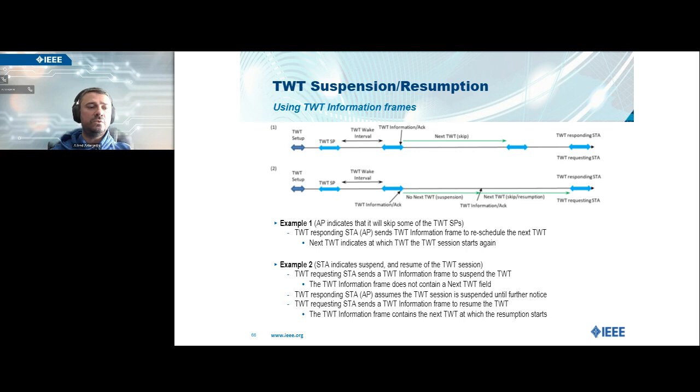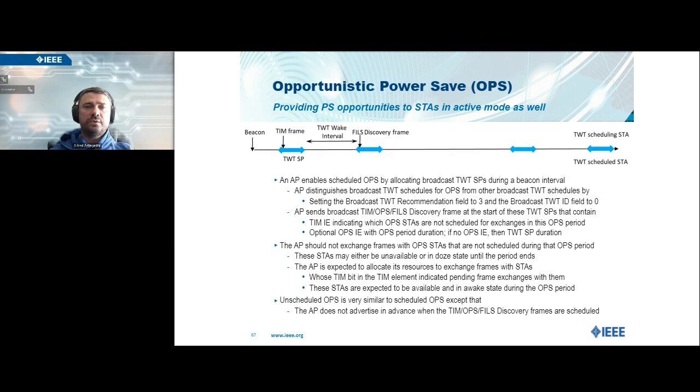And when you send it, you indicate at which target wake time you're going to resume the schedule. So this kind of functionality is available from both the station's perspective and the access point's perspective. So you can achieve it bi-directionally. So that is from a TWT perspective.